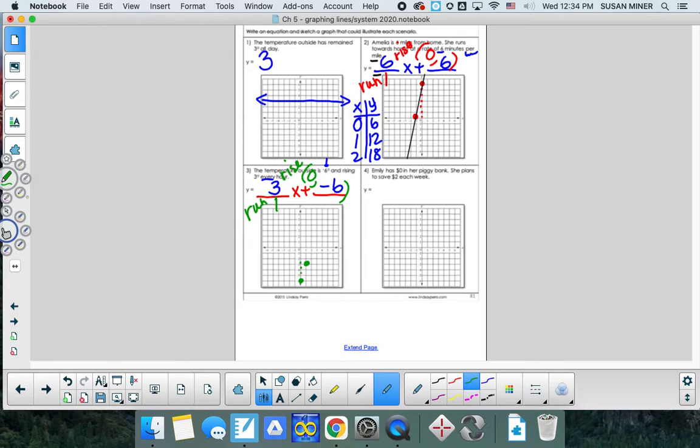So from this new point that I just made, I'm going to count my slope again, just so that I get my line in there fairly accurately. And I can see where my line's going. And there's our graph. Okay, so try number 4 on your own and then come back and see how you did.